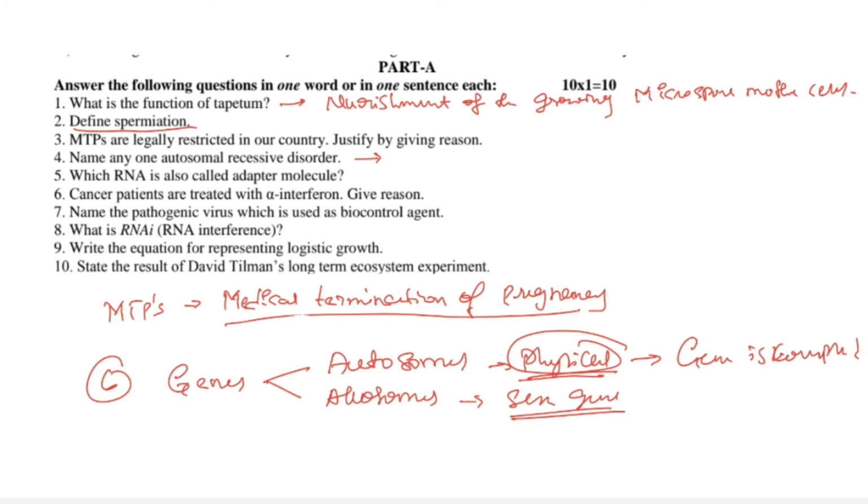If any of the genes which bring the physical characters out is defective, that is known as autosomal recessive, right?